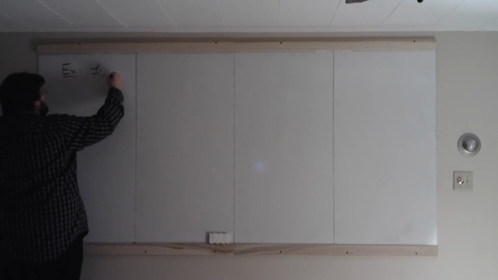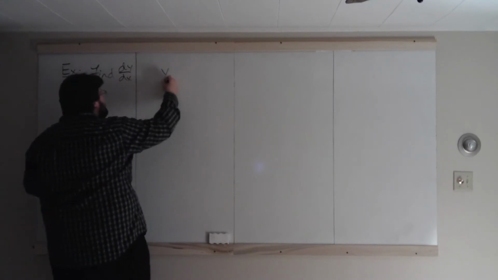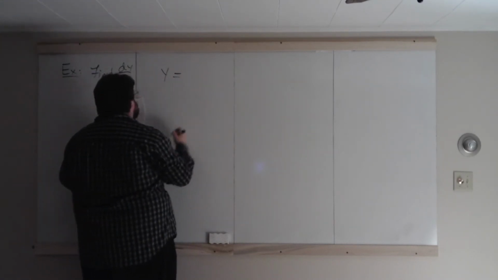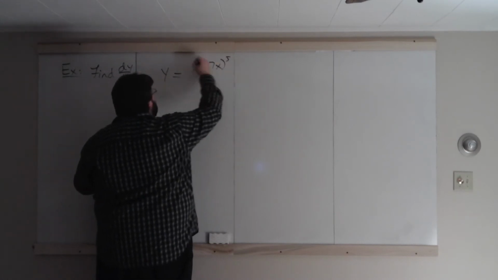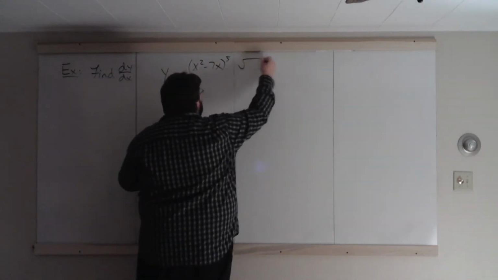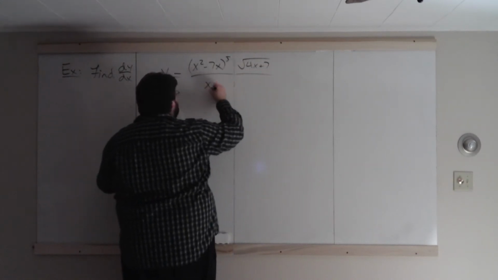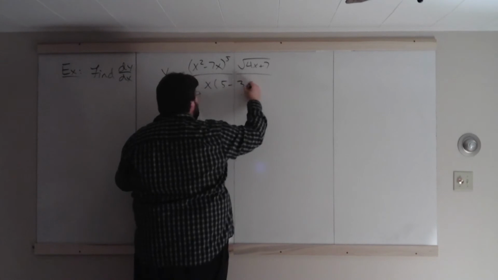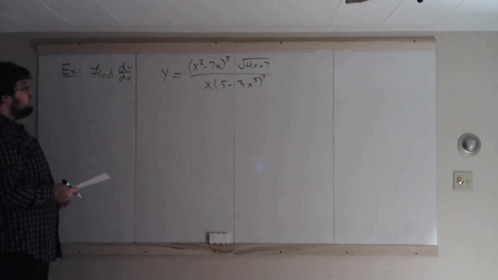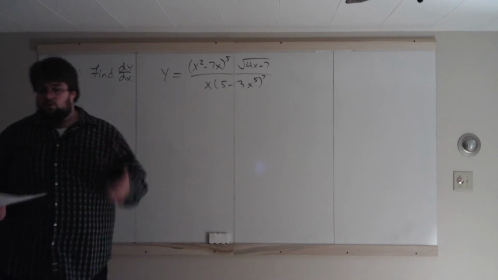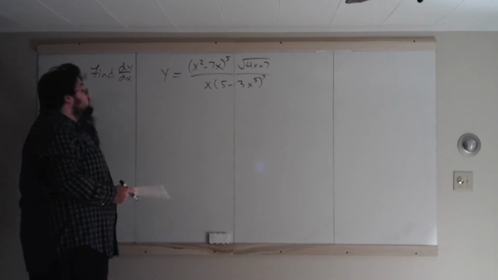Find dy dx for this function. y equals what we had before: x squared minus 7x to the 5th, root 4x plus 7, all over x times 5 minus 3x to the 5, all to the 7. Now, you could just use the quotient rule.